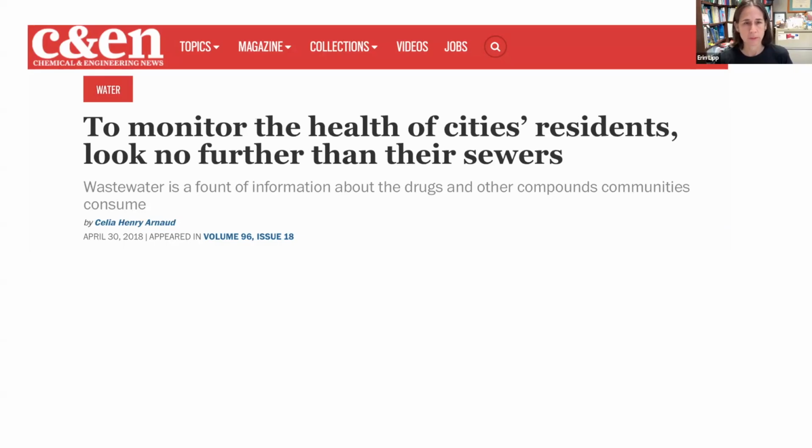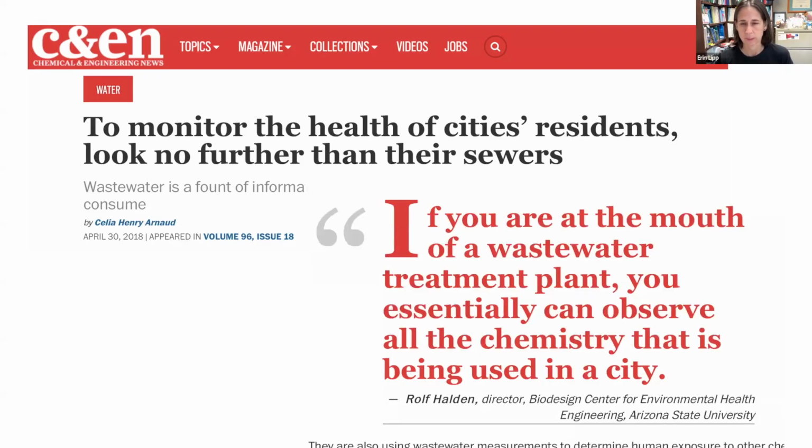The idea was look no further than their sewers. You can find information about all the drugs and compounds that they're using just by looking at the intake of a sewer line. Rolf Halden quoted, if you're at the mouth of a wastewater treatment plant, you can essentially observe all of the chemistry that's being used in a city. And for a while, there really was a big focus on pharmaceuticals and chemistry.